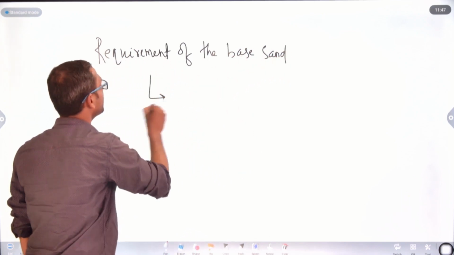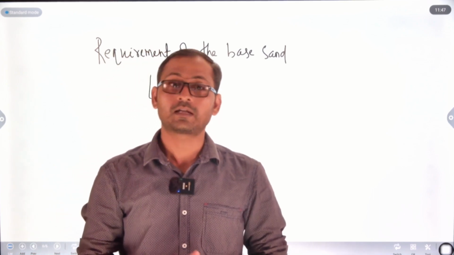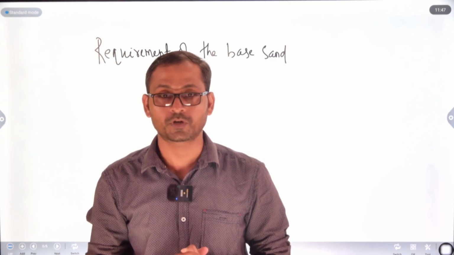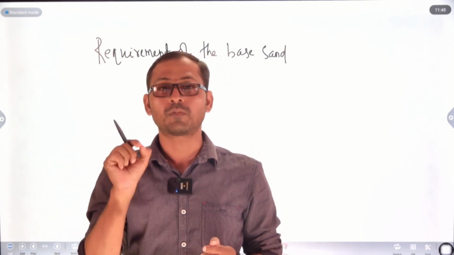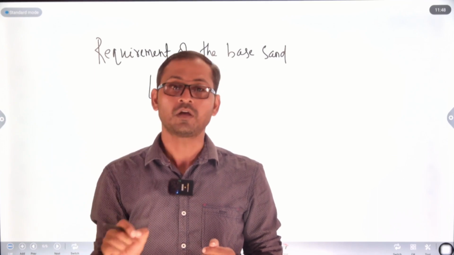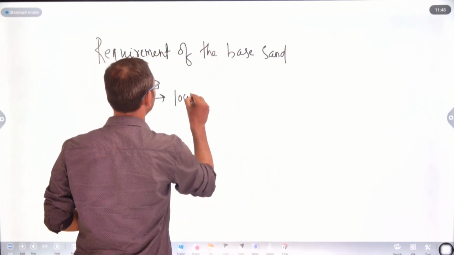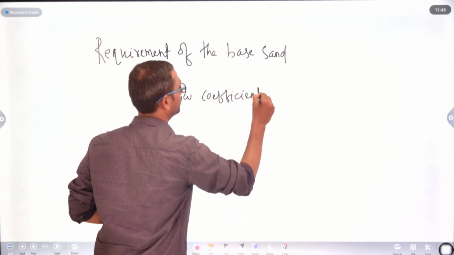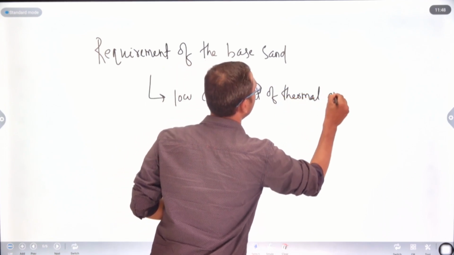So first requirement is low coefficient of thermal expansion. It should have very low coefficient of thermal expansion because it has to retain the dimension of the mold cavity.